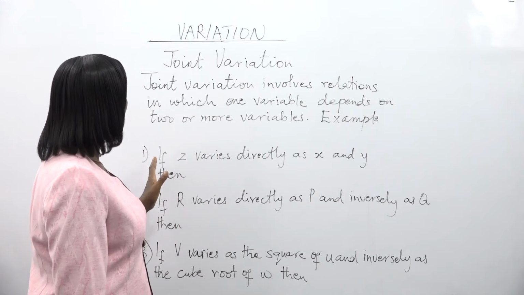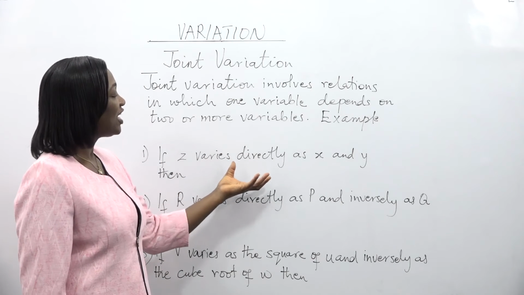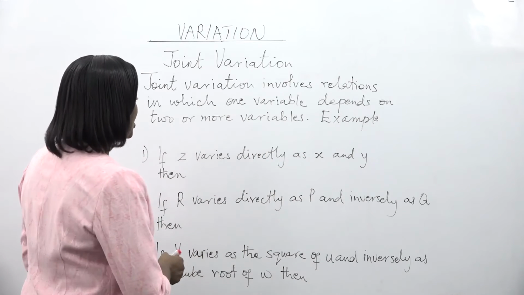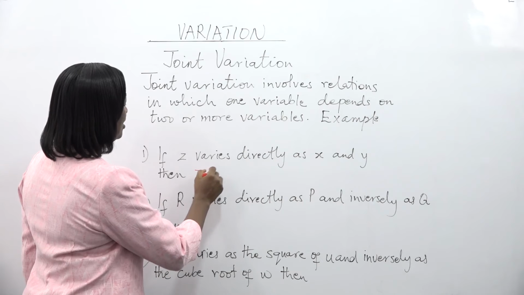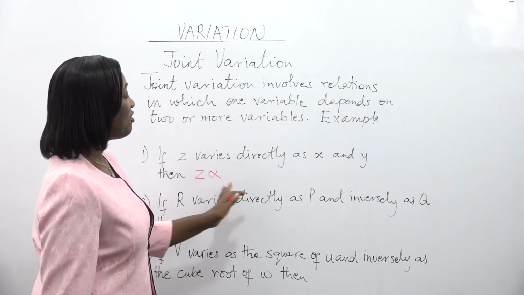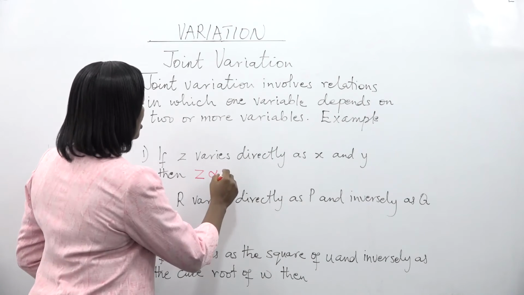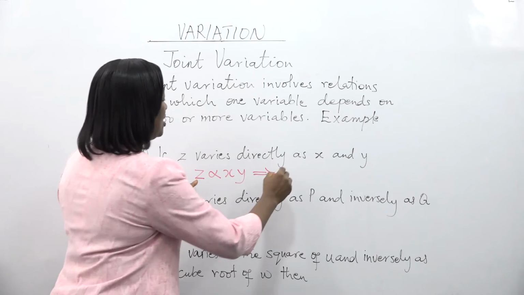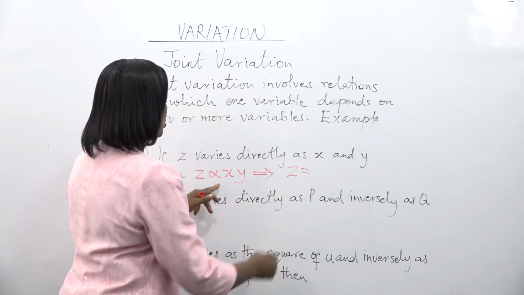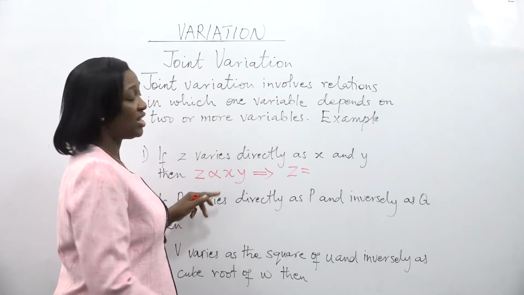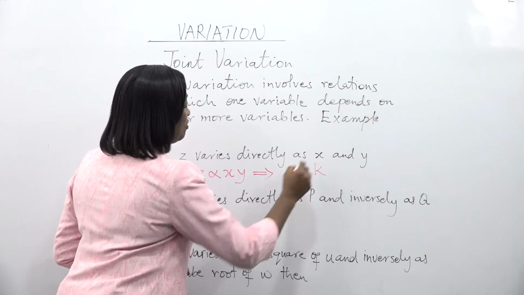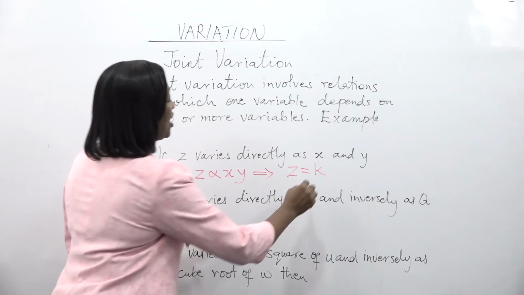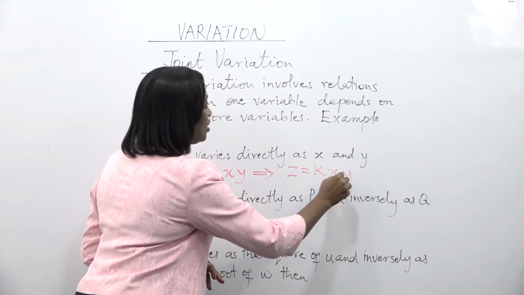So for example, if Z varies directly as X and Y, then we are saying that Z varies directly as X and Y. So that implies that Z is equal to, we remove the sign and put the constant of variation or constant of proportionality, K, X, Y.